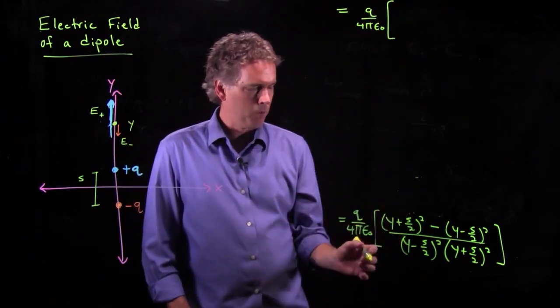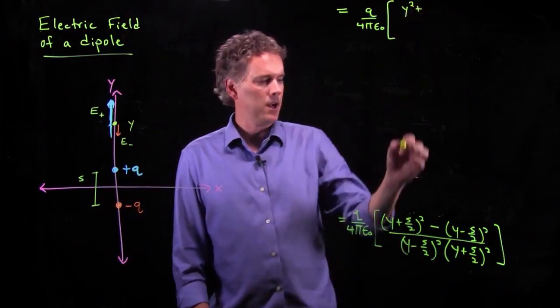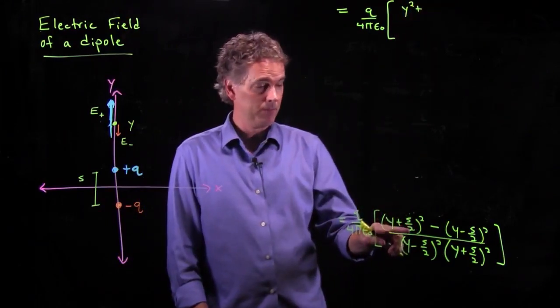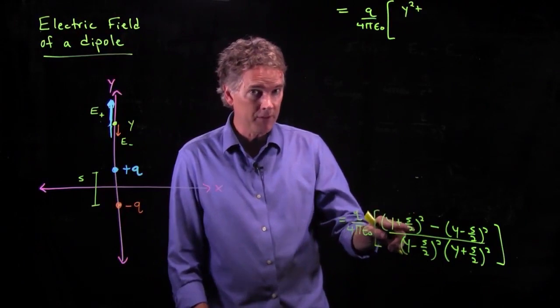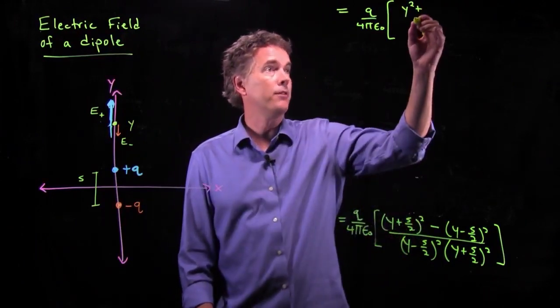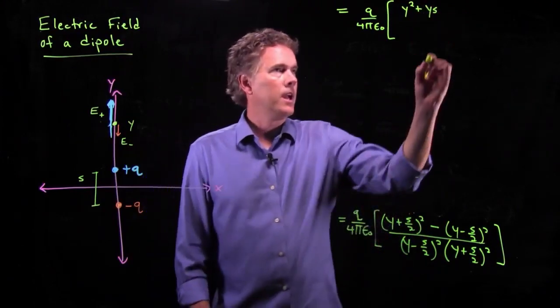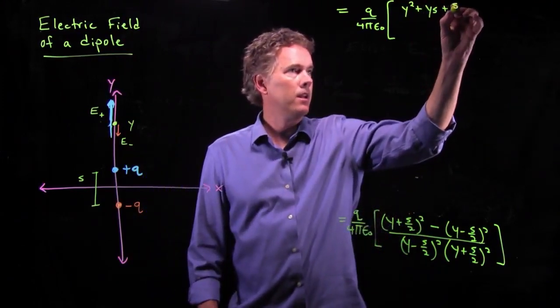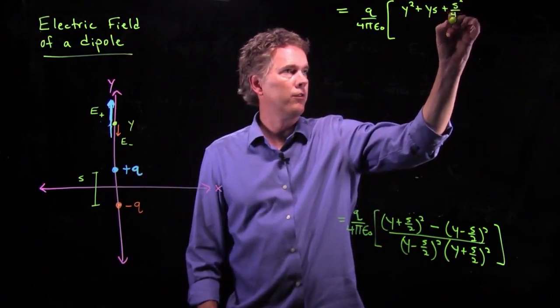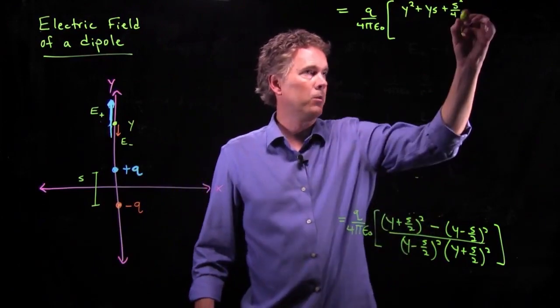I'm going to square this y plus s over 2, and I get y squared plus twice the combination of first and second, right? So y times s over 2 gets me a half, but I'm going to have 2 of those, so I just end up with a y times s. And then I'm going to add s squared over 4. That's this thing squared. What about the second one?